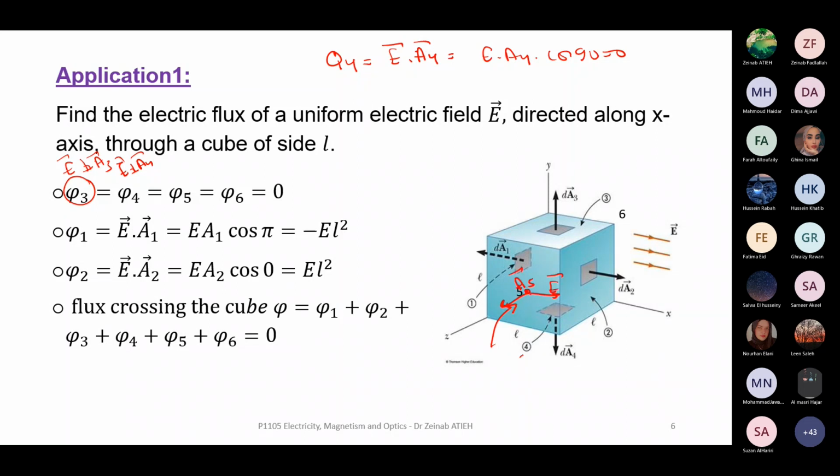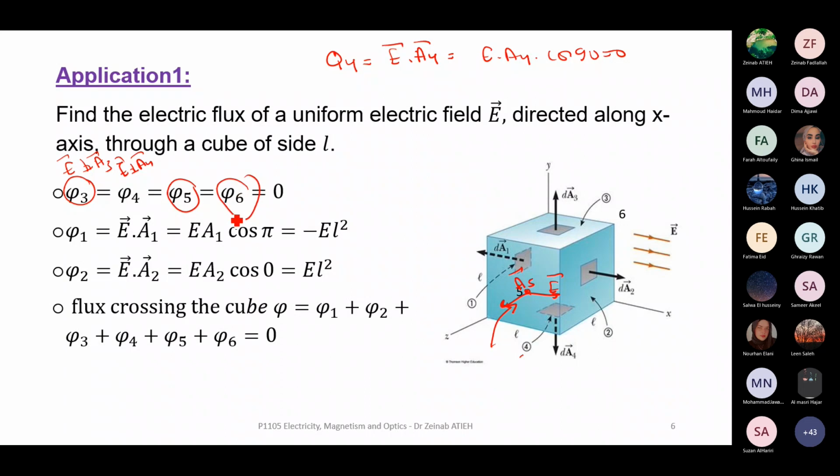I hope you can imagine in 3 dimensions. Don't worry, this is the only question that needs such type of work. Other questions are all similar and you can just figure the answer yourselves. So on A5 we draw A5, the area vector perpendicular to the area towards the exterior. Because here in our case the A vector and E are perpendicular, we get phi 5 equals 0.